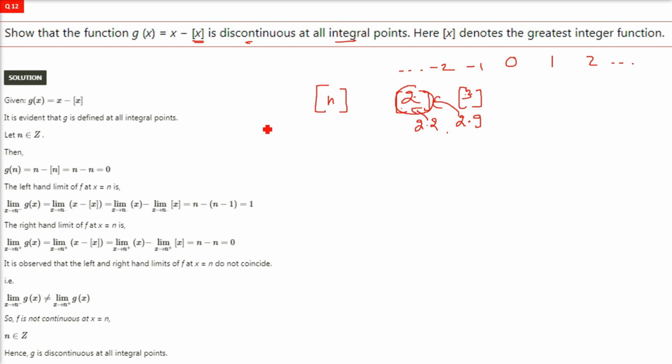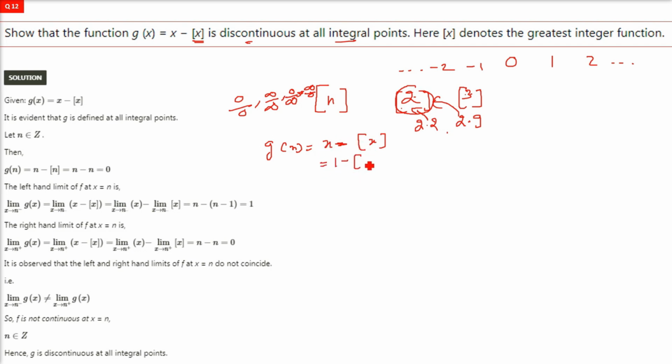You got the idea? So here we have g(x) equals x minus GIF of x. And this greatest integer function I explained to you. First of all, this function is defined at these integral points, because you're not getting any 0 by 0, infinite by infinite, 0 by infinite, or infinite by 0, any kind of this operation.